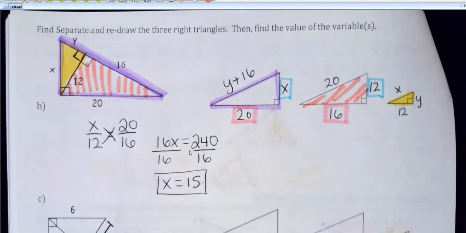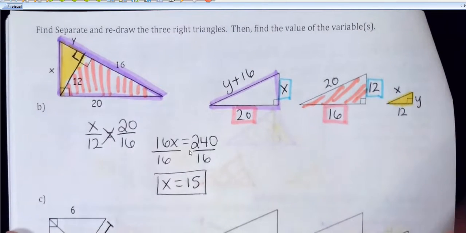Okay, now my other variable I have to find is y, and I've got that in a couple different places in the diagram. I've got it here, y plus 16, and over here just a plain y. And again, I would probably use the medium-sized triangle since I know all the sides in that one to set up my proportion.